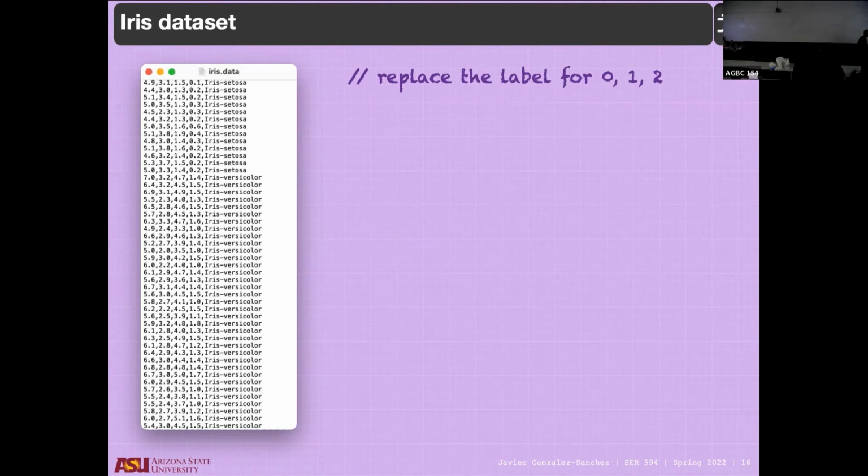A very small one. It's a small one, but it's a good one. You have 150 lines. How many inputs or columns? This is the data set. It's a picture of the data set, period. It's a comma separated values file. Your file is data. I put this one on Canvas if you want to use it.